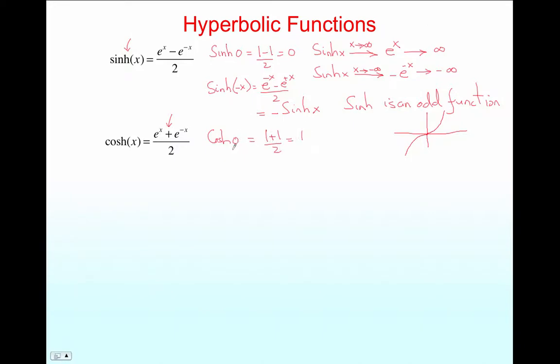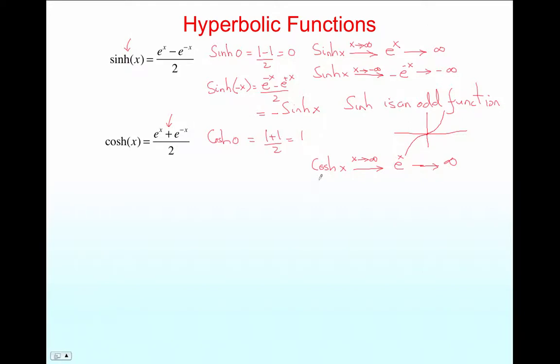So the graph of cosh of x is going to start from 1. It's always going to be positive because e to the x and e to the minus x are both positive. We see also that as x goes to infinity, cosh of x will be dominated by e to the x, and that, of course, is infinity.